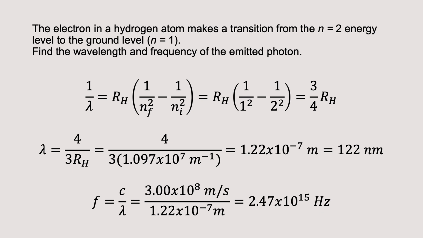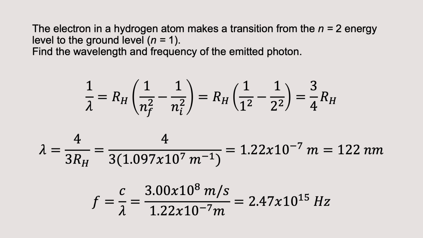We can now proceed with determining the frequency of the emitted photon, using the formula frequency f equal to c, the speed of light, over lambda, the wavelength.